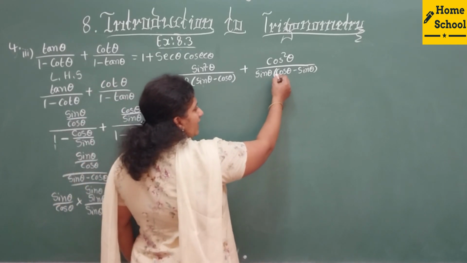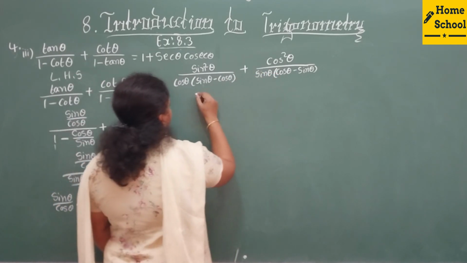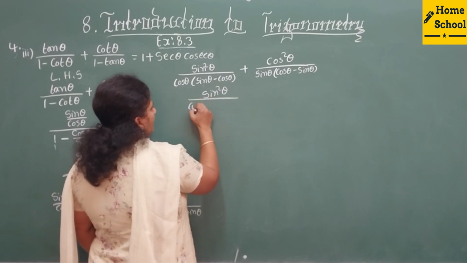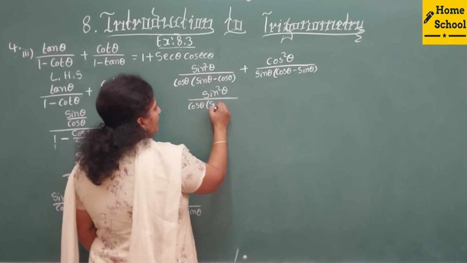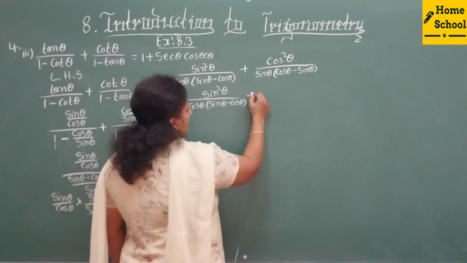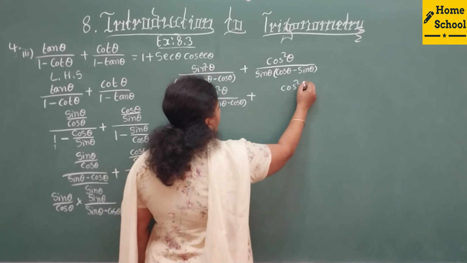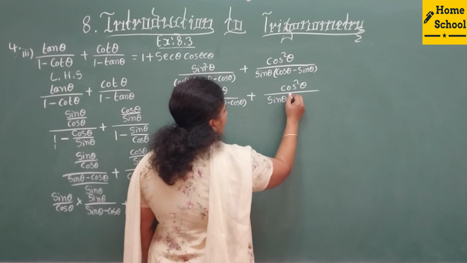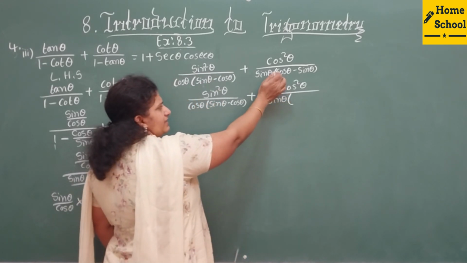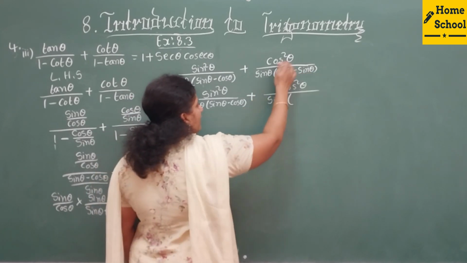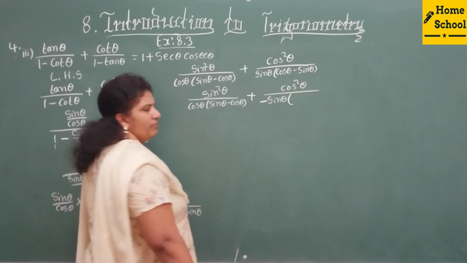Here, if I take a negative sign common, that means sin square theta by cos theta into sin theta minus cos theta, plus cos square theta by sin theta into, look here children, this plus cos theta and minus sin theta there. Full bracket, take a negative sign common.